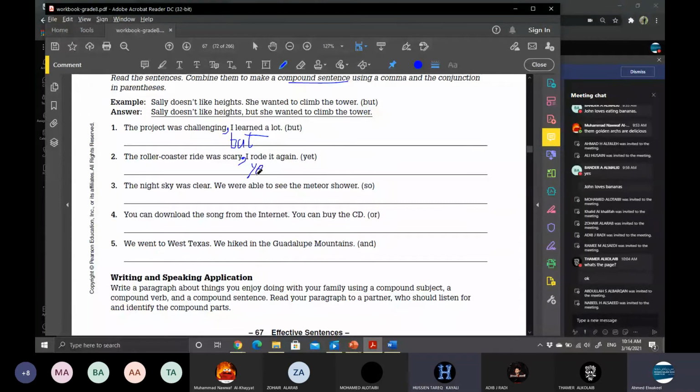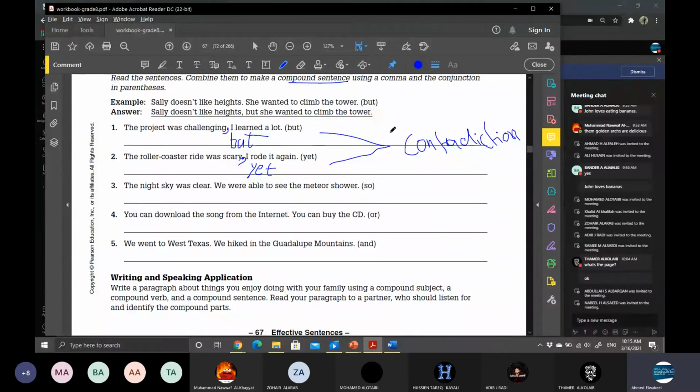Number one and number two, both of them indicate contradiction, right? We have here: the project was challenging, but I learned a lot. The second one: the roller coaster ride was scary, yet I rode it again.